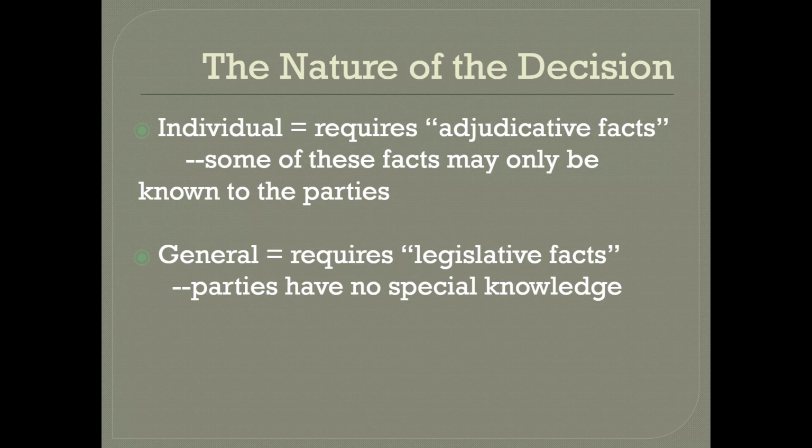There's no special dispensation for anybody. There's nothing you could bring to bear and say, well, I deserve not to have my taxes raised by 40%, but because I'm special. There's no special knowledge that any particular litigant can bring to bear, and as a result, there's really no need to have an adjudication.